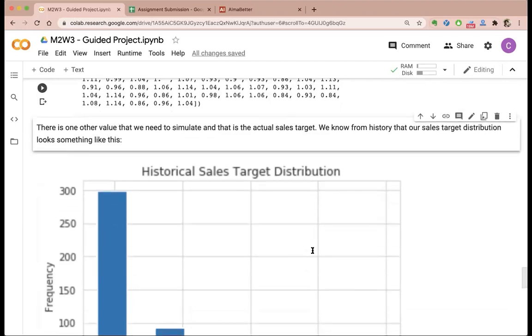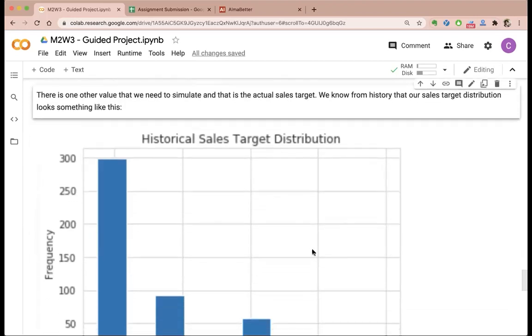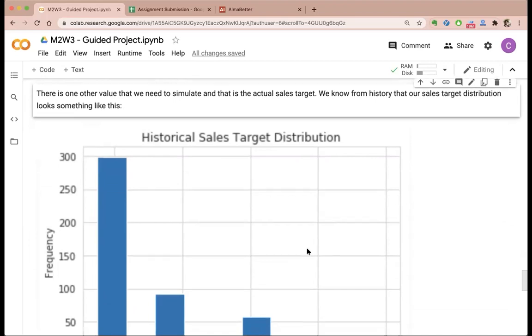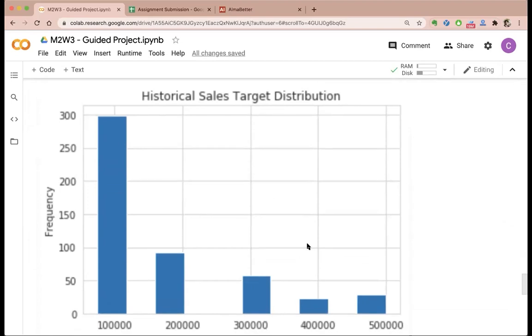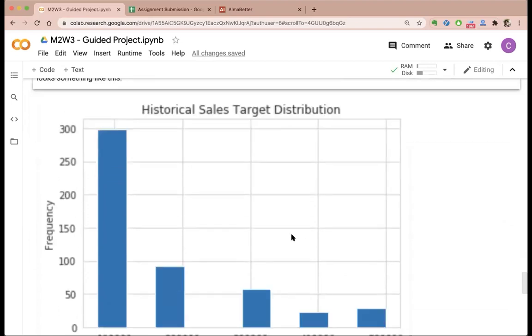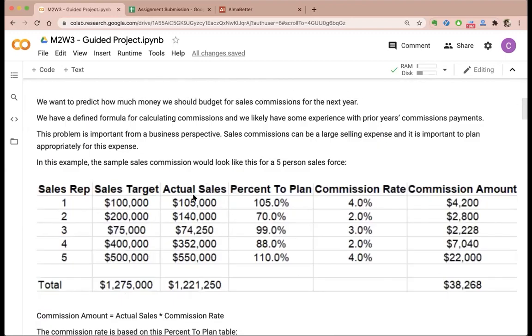Now the second variable that we have is actual sales target. To generate the actual sales target, as we said, we are not generating the actual sales directly, but we are generating sales target and percentage to plan.